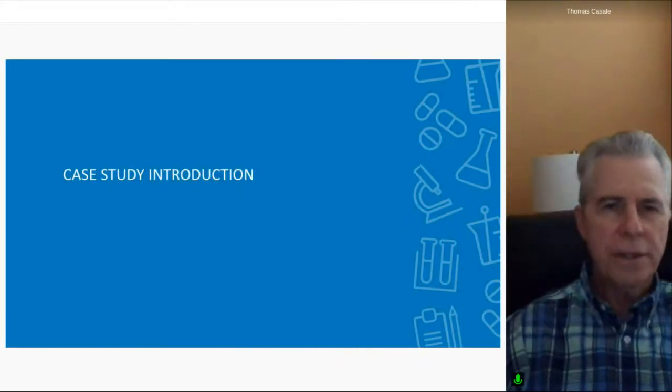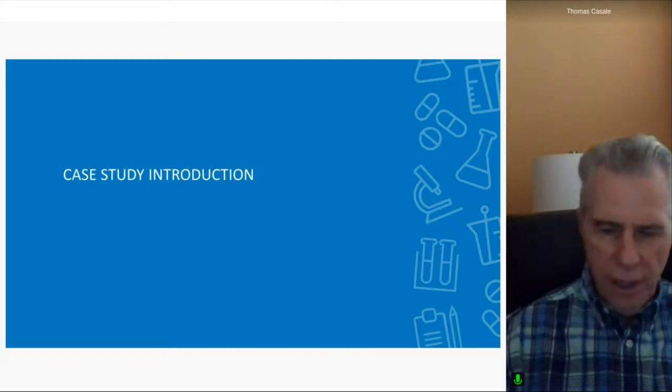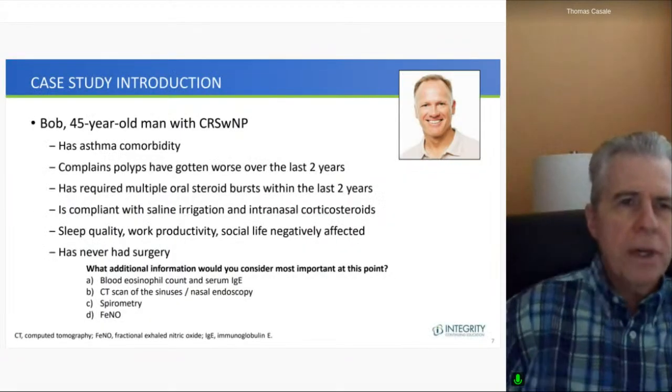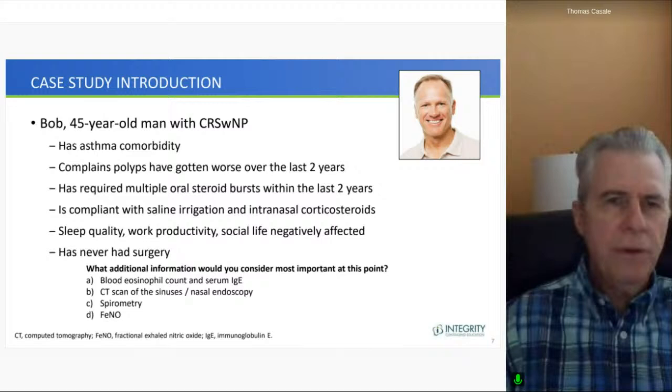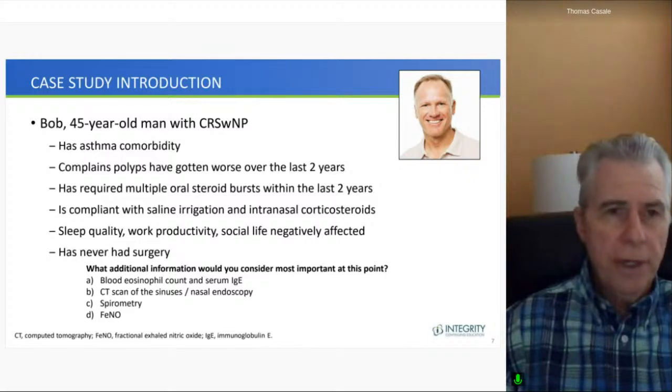Okay, so let's go back to our slide presentations, and we'll start off with a case. So we'll talk about Bob, who's a 45-year-old man with chronic rhinosinusitis with nasal polyps. He has asthma as a comorbidity, which we know is much more common.